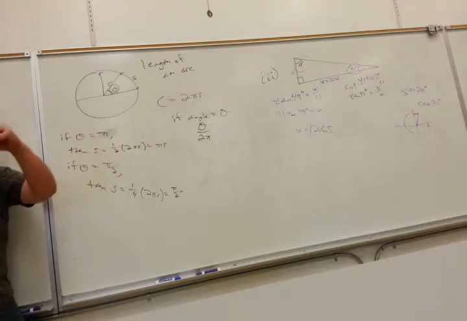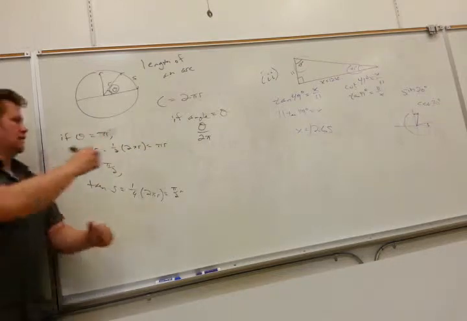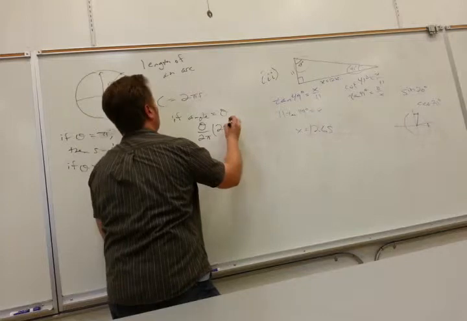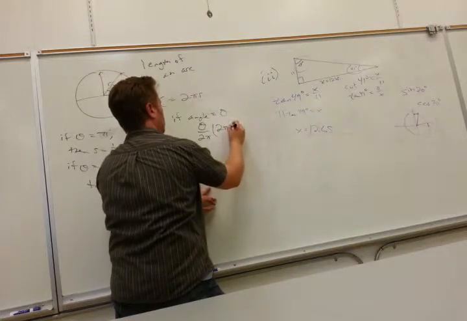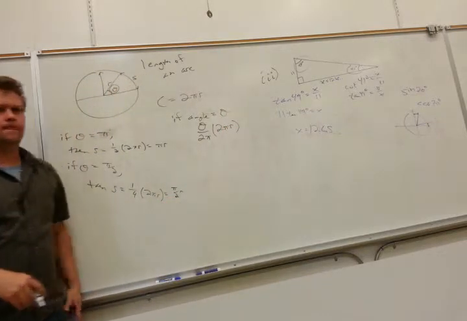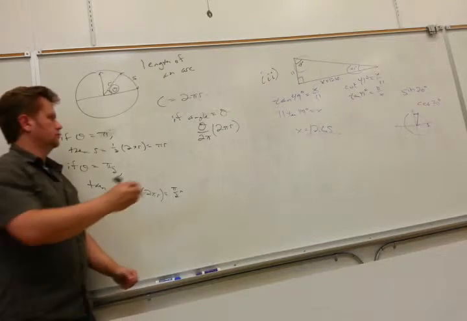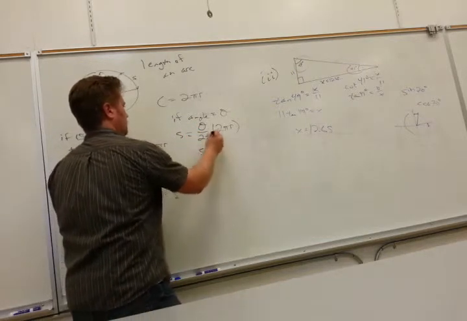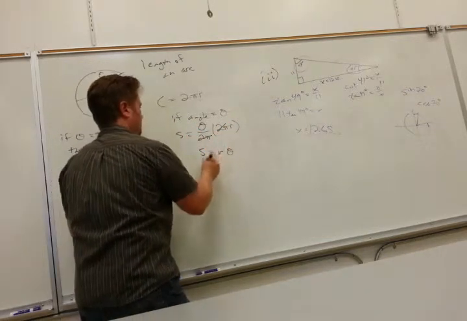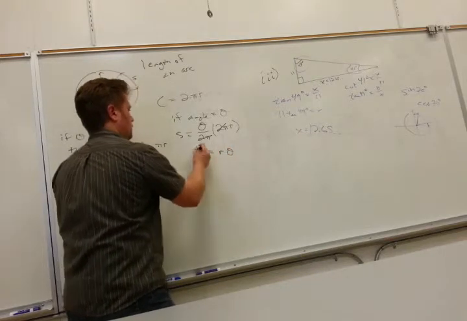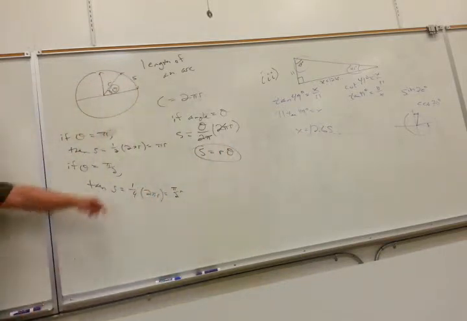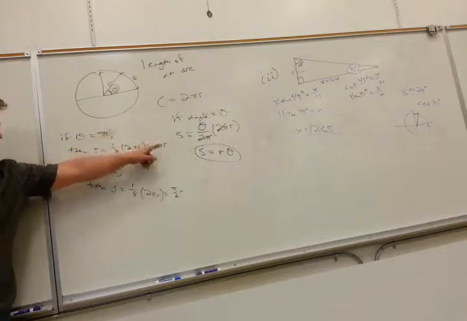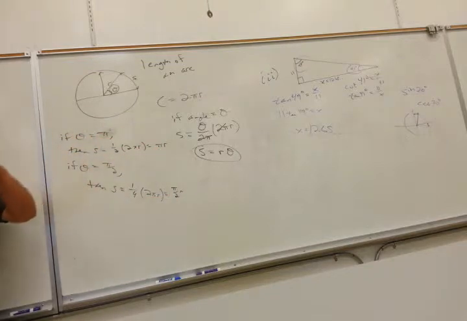That's how far, as a percentage, I've gone around the circle, times what it would be if I went the whole way. And of course, what do you get there? r theta. So that's the arc length formula. And that's really the pattern you see if you do a few of them. It's just r times theta, r times theta.